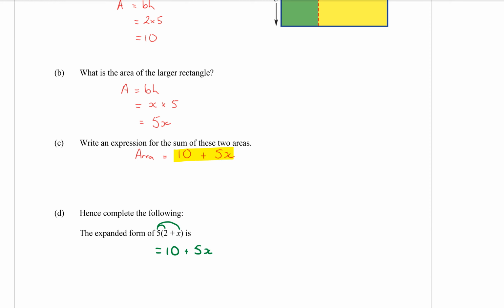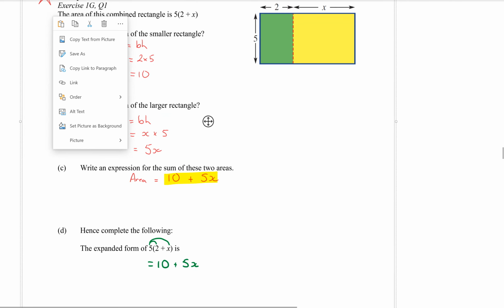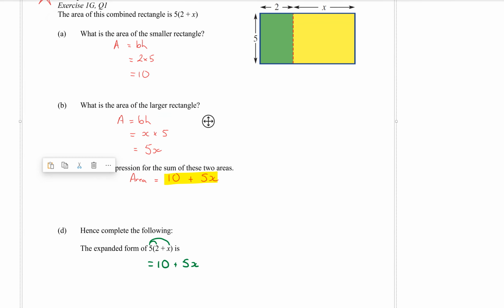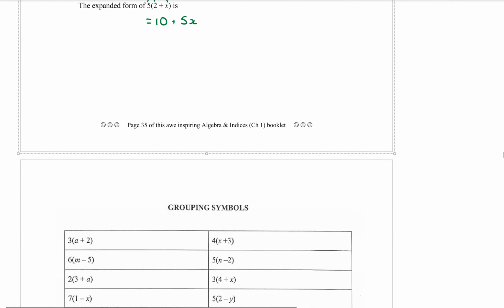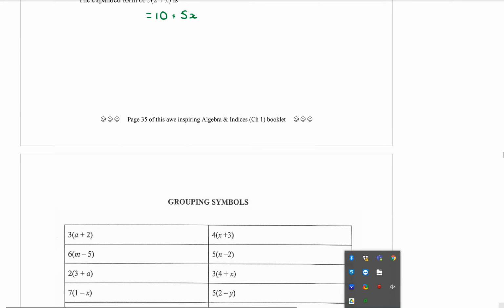So expanding out those brackets, we've just shown that we can do exactly the same thing using the area of that rectangle. Pretty cool. It is. Okay, so time for you to practice.